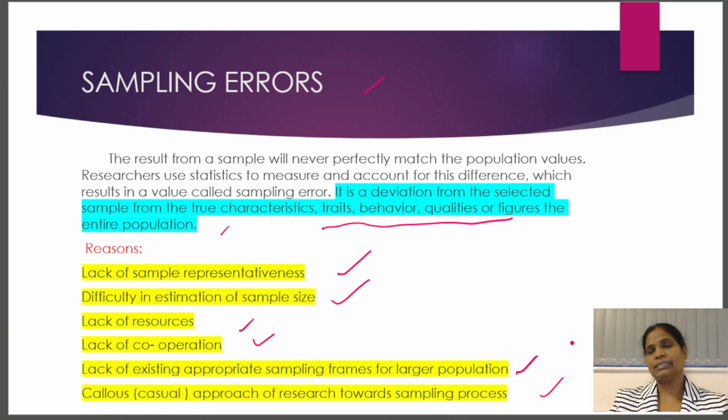The researcher is not aware of how to estimate the sample size or which sampling method should be used to select the sample, or he just casually approaches it, thinking whatever, it is fine. So this leads to sampling errors.